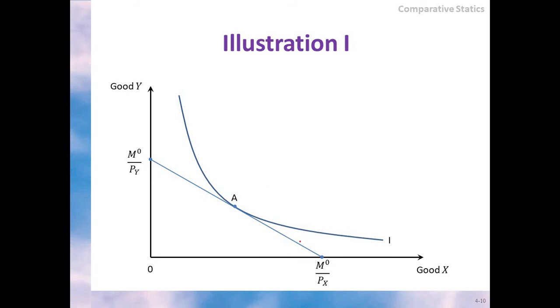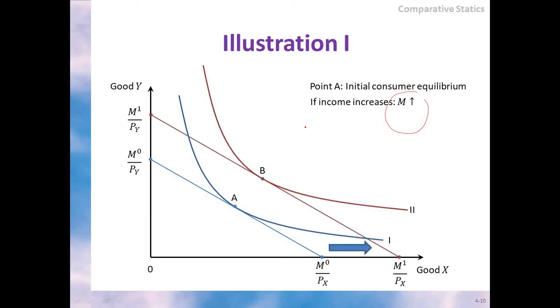This is our budget line, the initial budget line, and this is our indifference curve. Point A is the initial consumer equilibrium, and we want to see what happens if there is an increase in income. We have learned in part 1 that when income increases, our budget line will shift to the right.